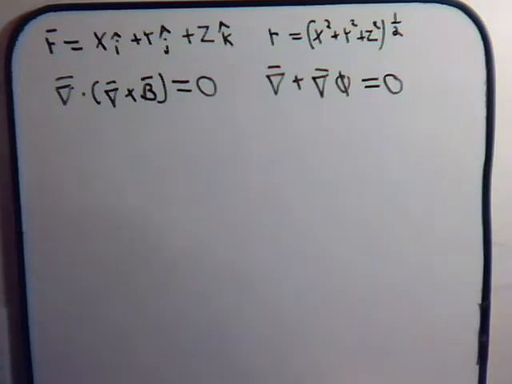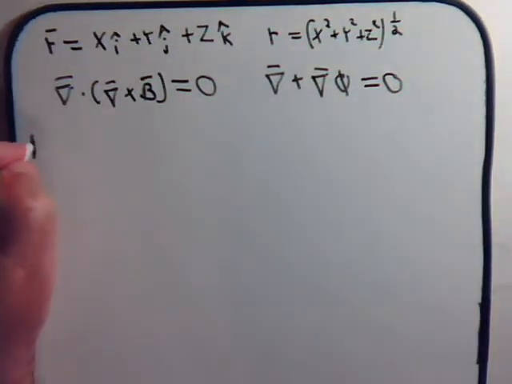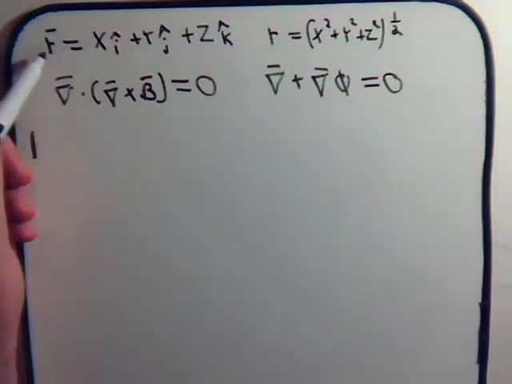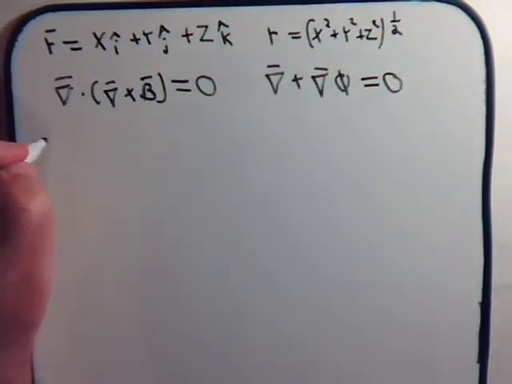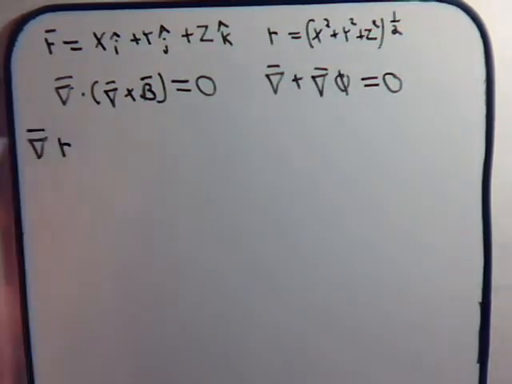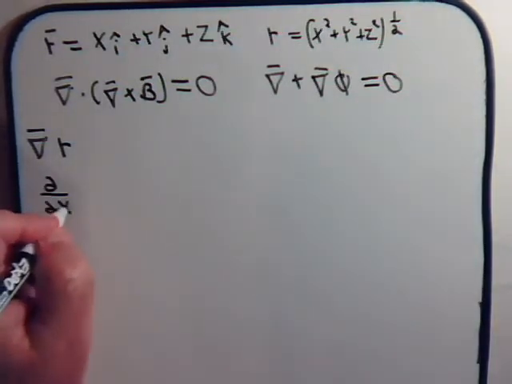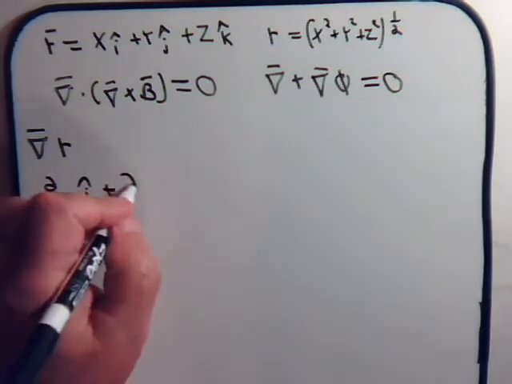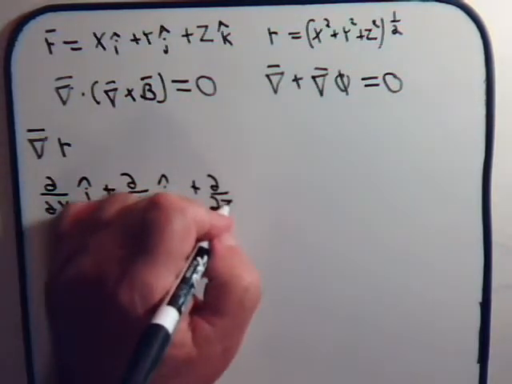Now, what happens if we take the gradient of the scalar quantity of the position vector, in other words, of this. So we want to know what is that going to equal. So we have the partial with respect to x, our gradient operator, like this.